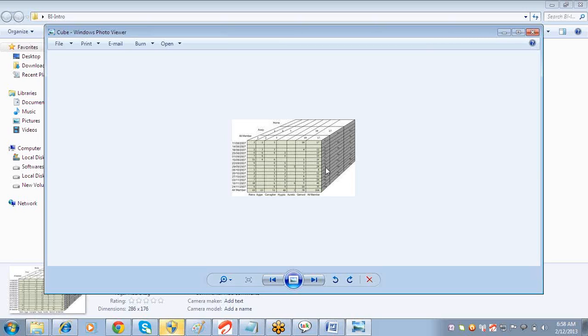So in different angles, you'll be able to look at the sales. These angles are called dimensions of the cube.